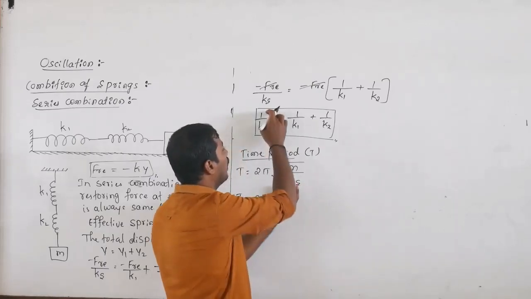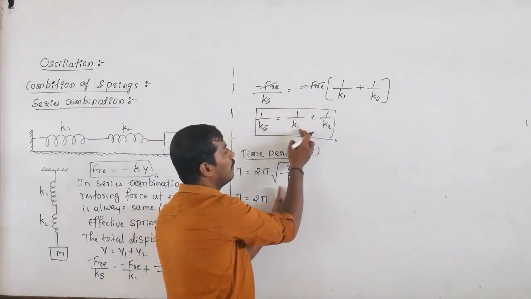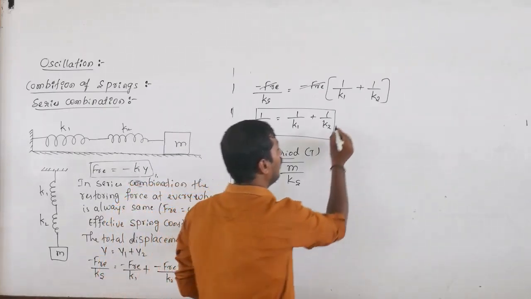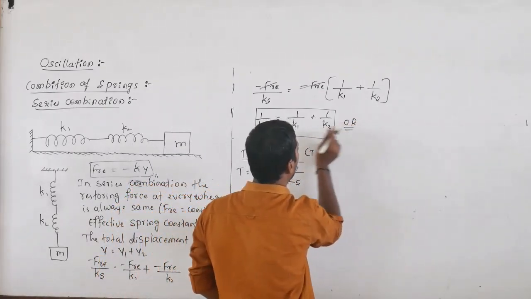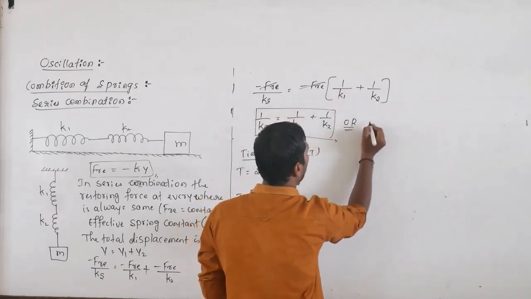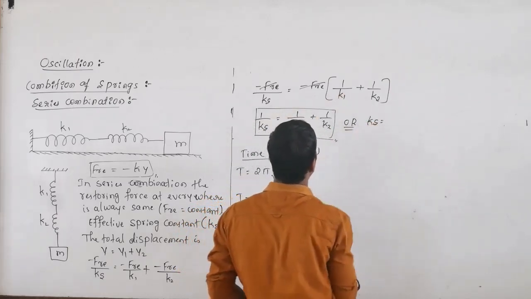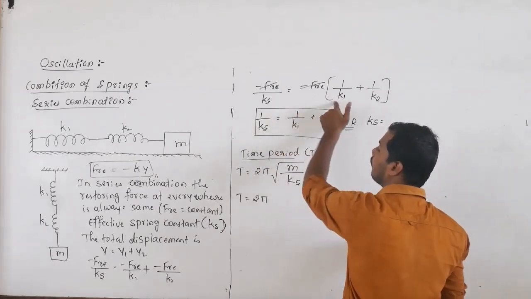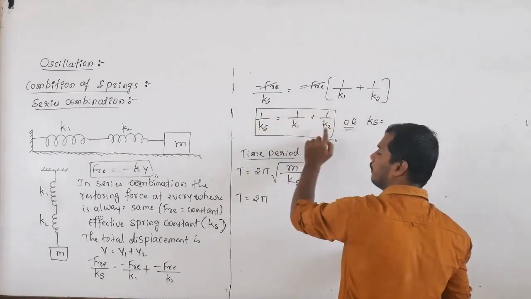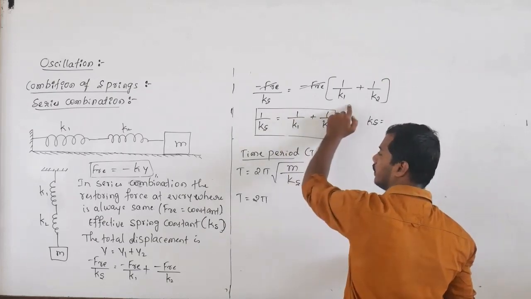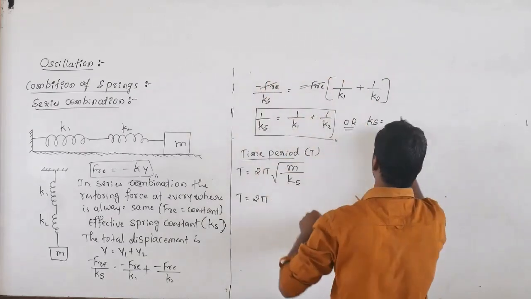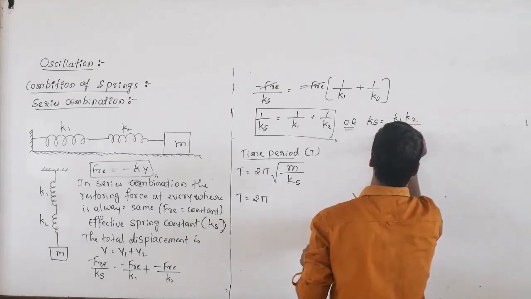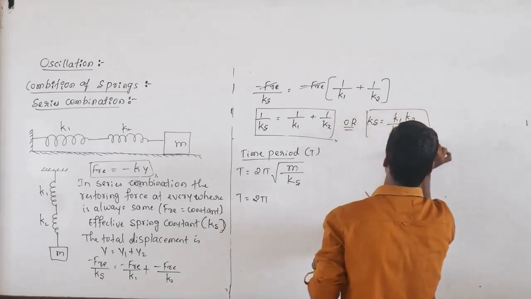Ks equals 1 by K1 plus 1 by K2. Take the LCM: Ks is equal to K1 K2 over K1 plus K2, by cross multiplication and taking the reciprocal.